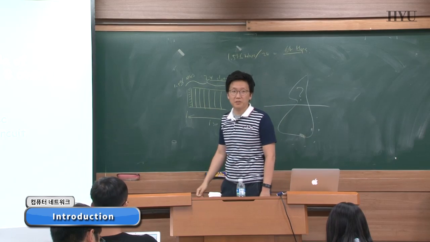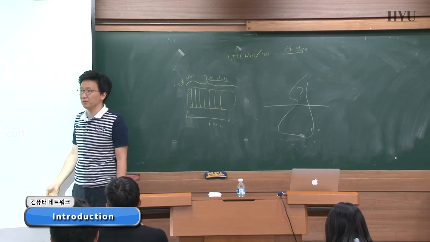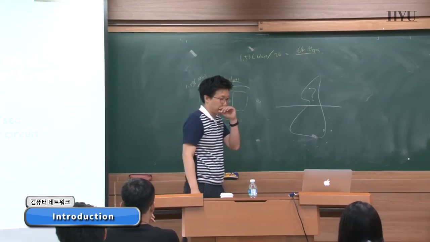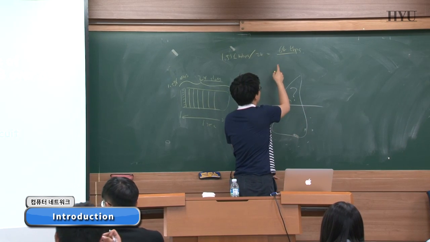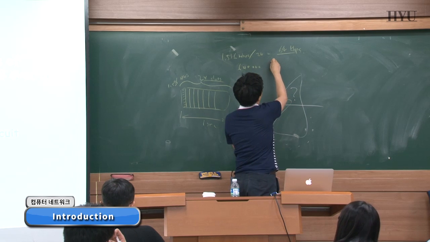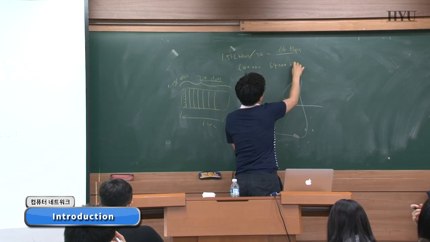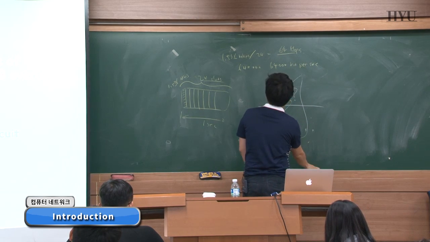How much data do I need to send? 640,000 bits, right? And 64 kilobits is bits per second.